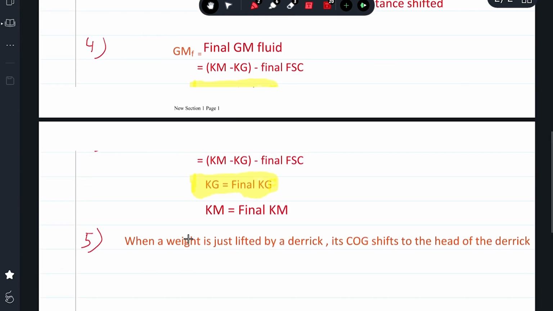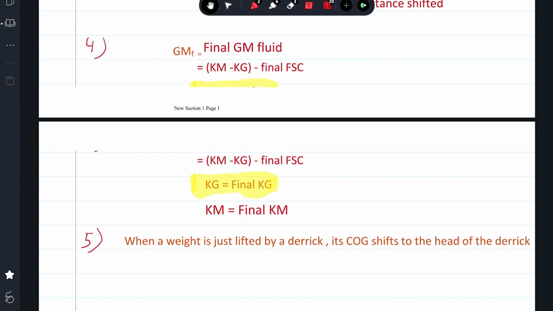Now, there are some questions regarding the use of a derrick or lifting gear. The understanding is that when a weight is just lifted by a derrick or any lifting gear, the center of gravity of that weight shifts to the derrick head.